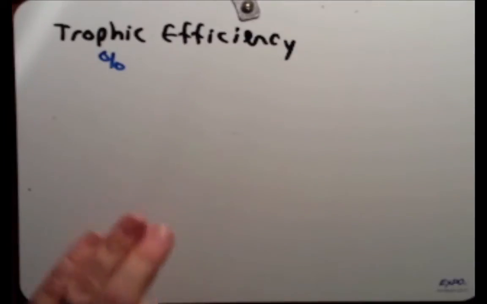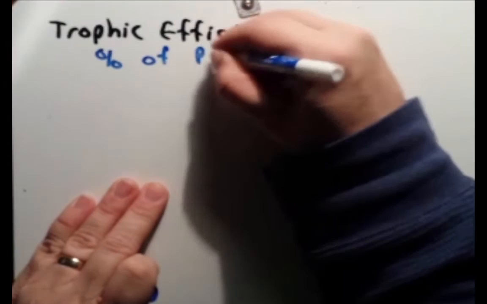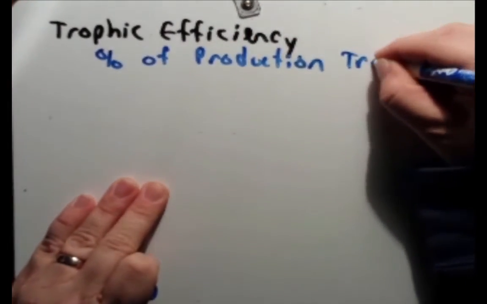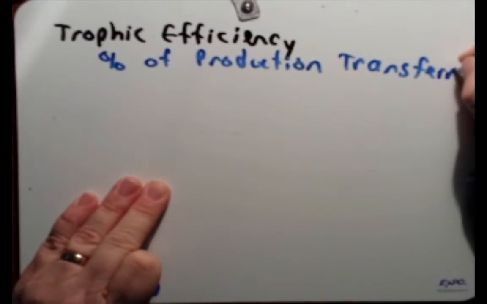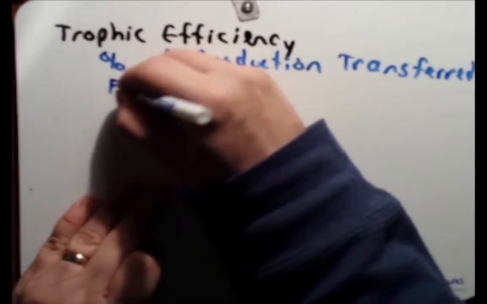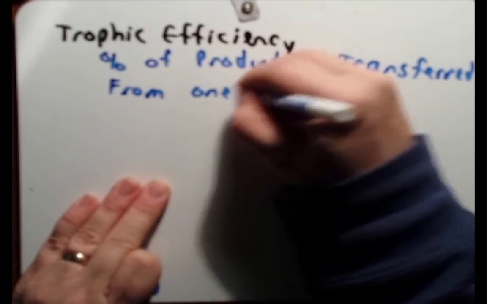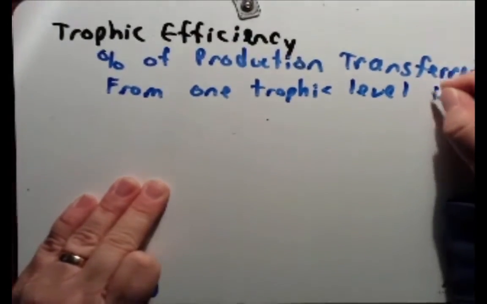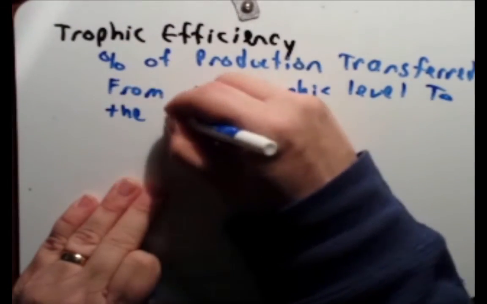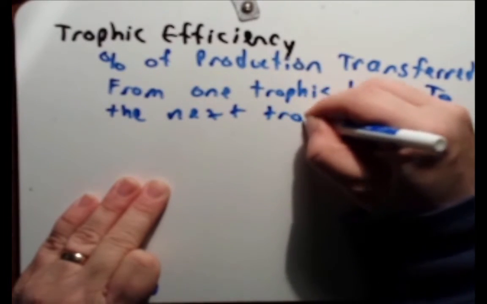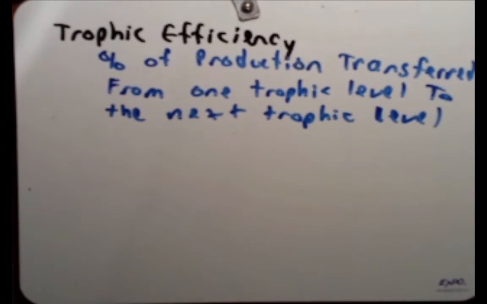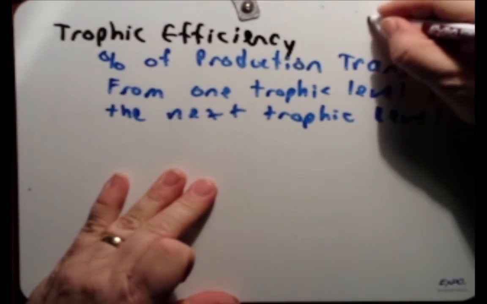This is the percentage of production transferred from one trophic level to the next trophic level. And figure 55.12 does a pretty good job explaining this concept, and we're going to redraw that here.